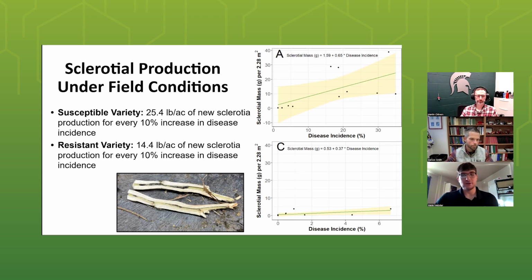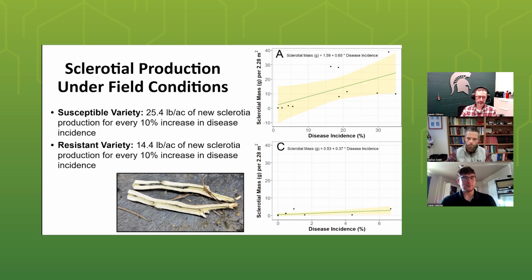Incidence and disease severity index are slightly different, but we talked about disease severity index having yield loss only after about that 40% mark. If you translate those two, we're looking at about 100 pounds of new sclerotia once we start to see yield loss.